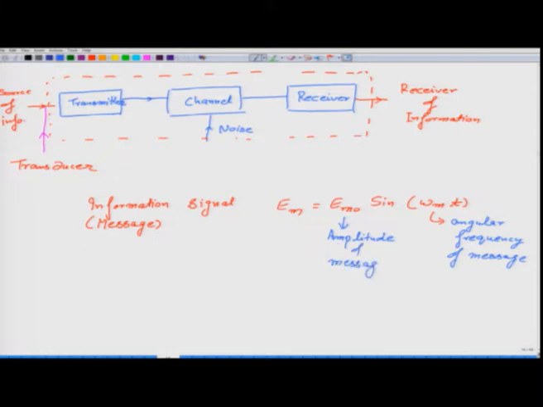And the carrier was given by the electric field of the carrier, E c naught sine of omega c t. Then we have seen that the amplitude modulated wave will look like E c naught plus E m sine of omega c t. The carrier frequency does not change.